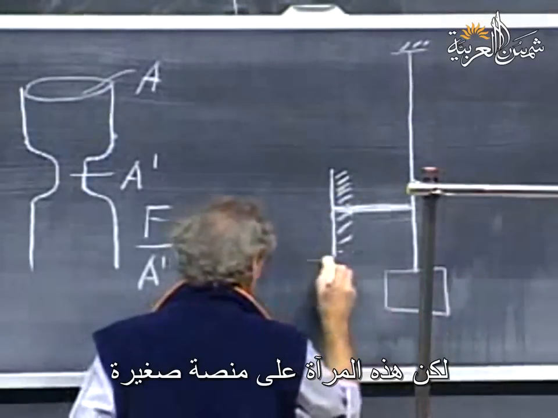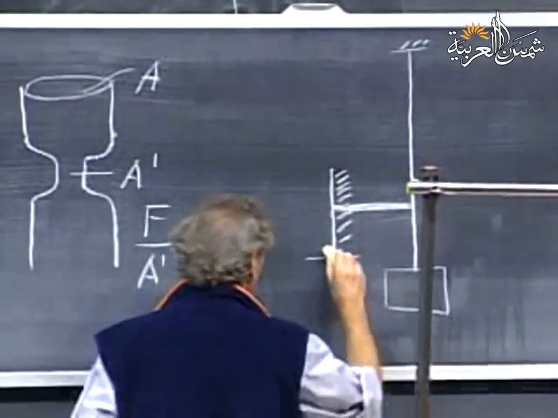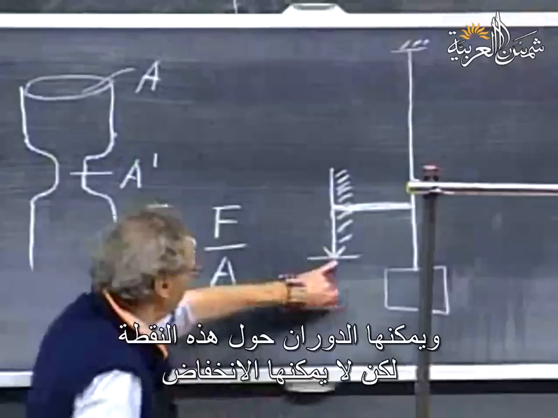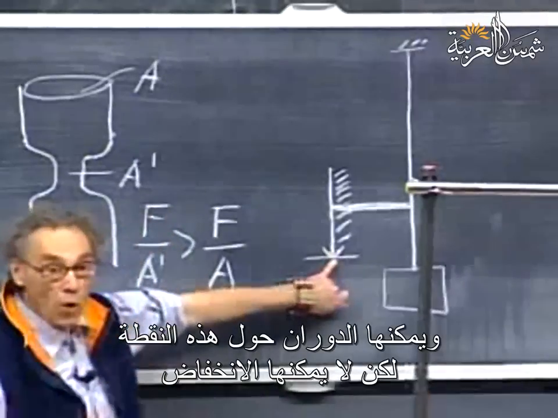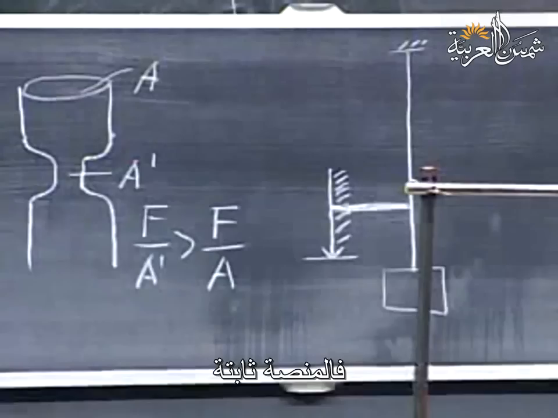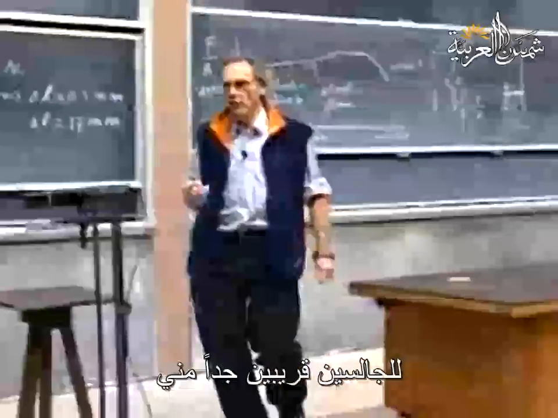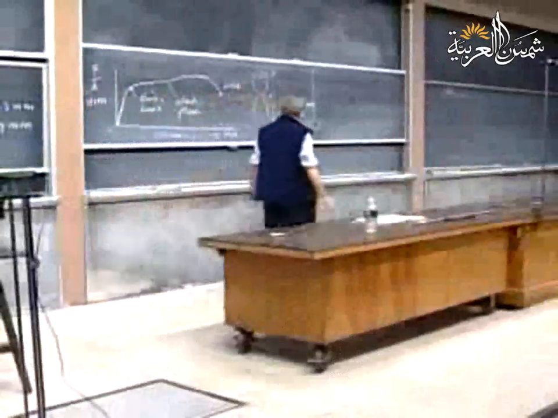But this mirror is on a little platform and can pivot at this point, but cannot lower itself. The platform is fixed. For those of you who are very close, this is where that platform is. That is a fixed platform. And so the mirror can only tilt, but cannot go down.